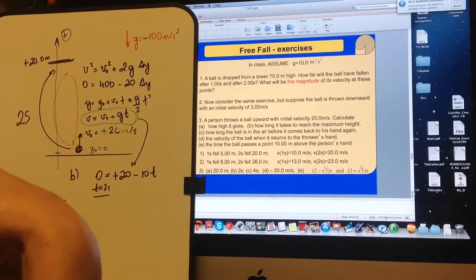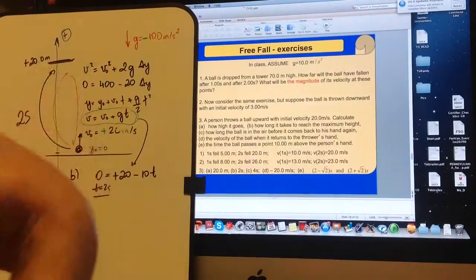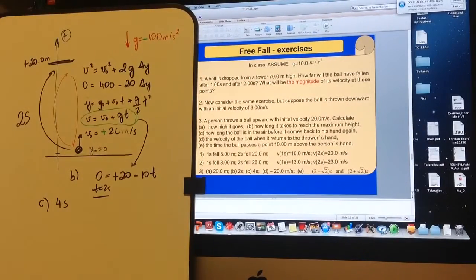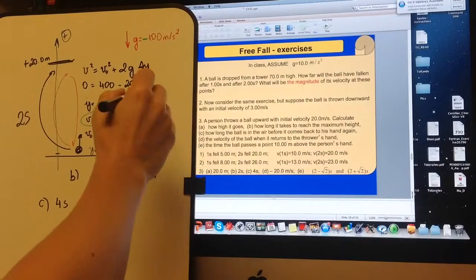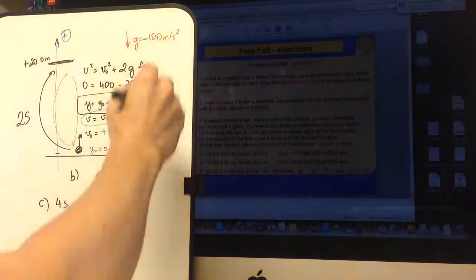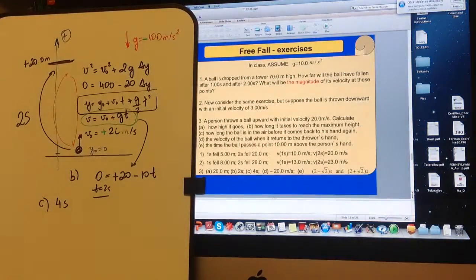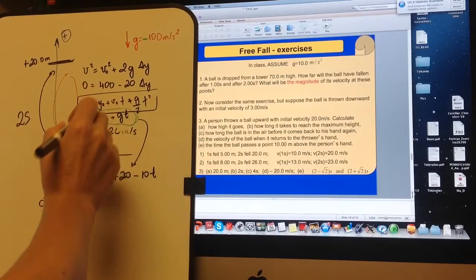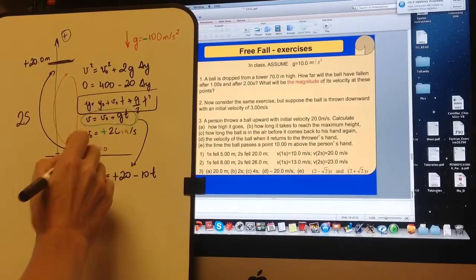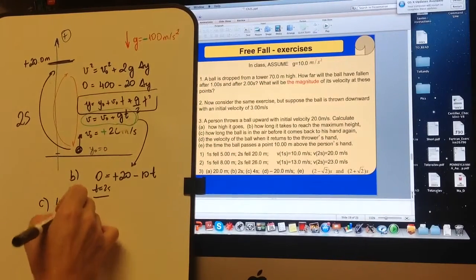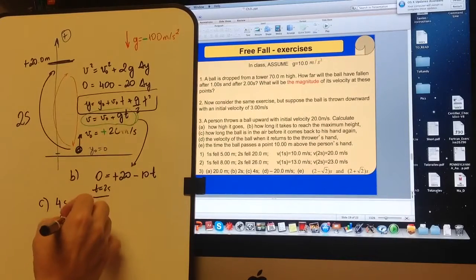If you don't believe it, you want to double check, go on. How would you do that? Well, you could, for example, use this equation here. The final position, when we are back here, is 0. The initial is also 0.